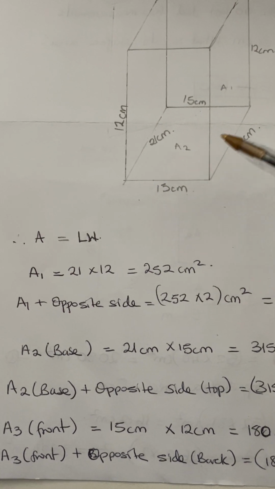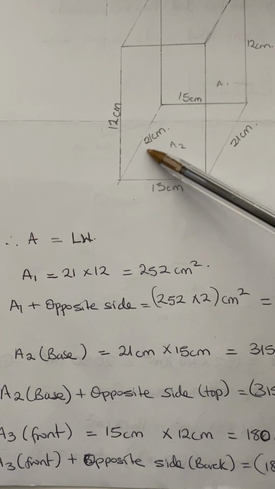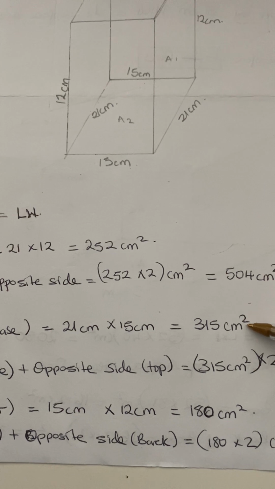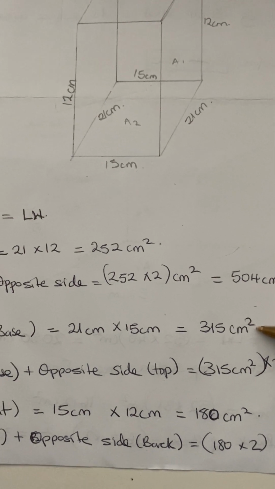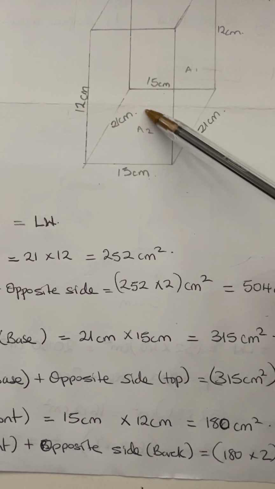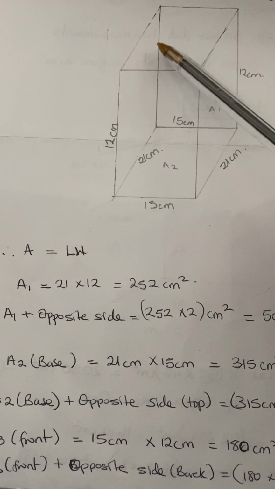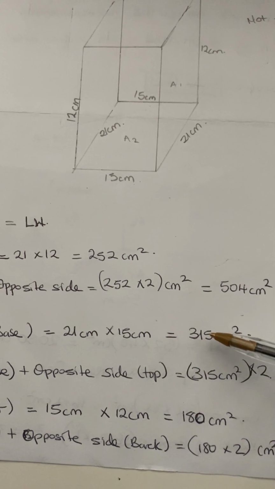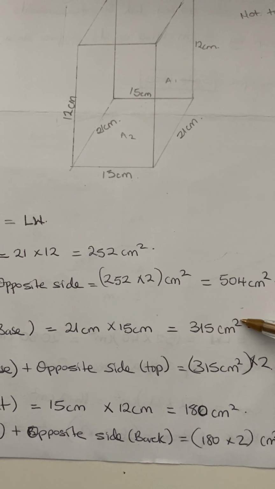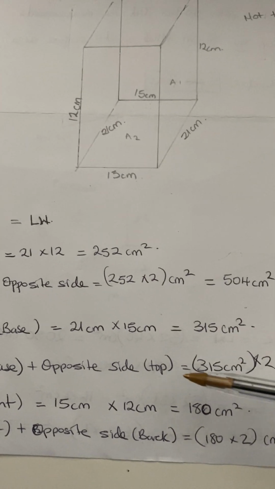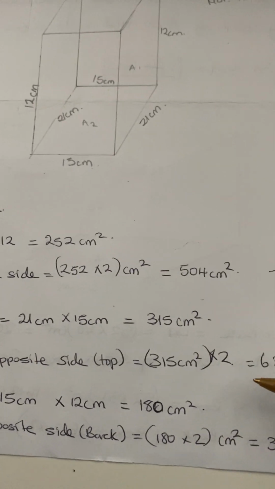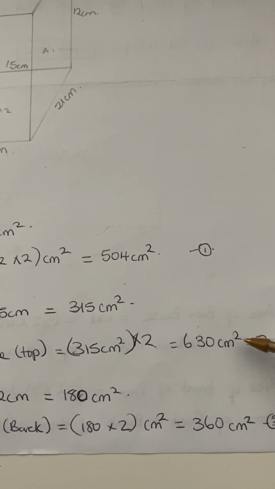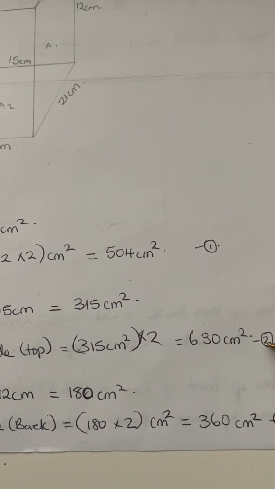That was what I explained earlier. 21 by 15 will be 315 centimeters squared. If I get the area of the base, that will be the area of the top. So if I multiply it by 2, I'll have 630 centimeters squared. That will be my second part.